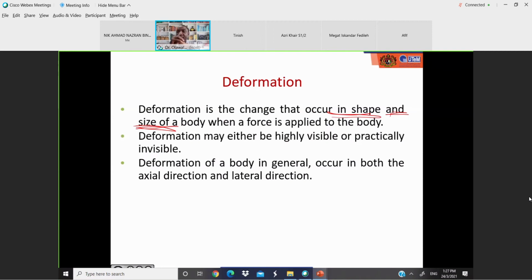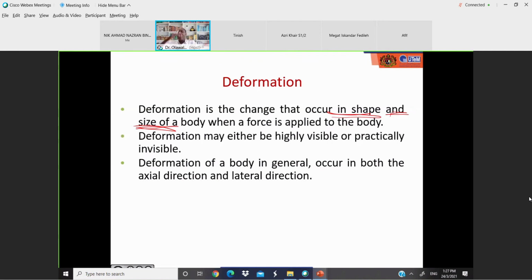Now, one thing is important here. When a deformation occurs in a member, it occurs both in the axial direction and in the lateral direction. If your axial direction is increasing, your lateral direction will decrease. If your axial direction is decreasing, your lateral direction will increase.